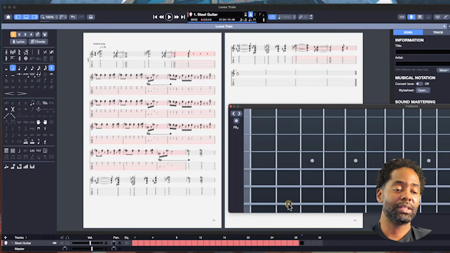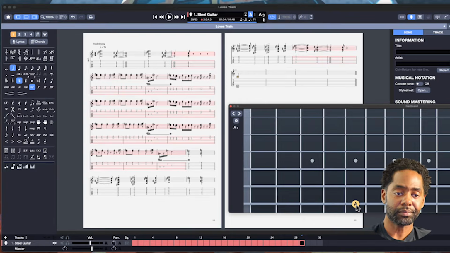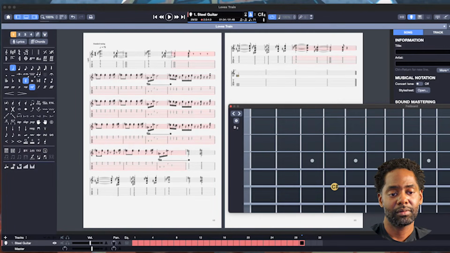Now, but this is the relative minor of this A. All right, this A is like the A major. Okay, so here's the A again. See that? 1, 2, 1, 2. Just showing y'all some little tricks.